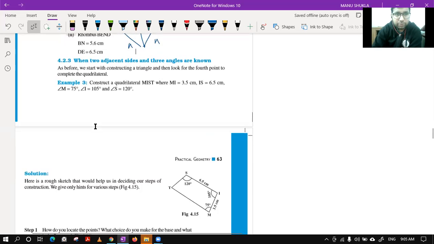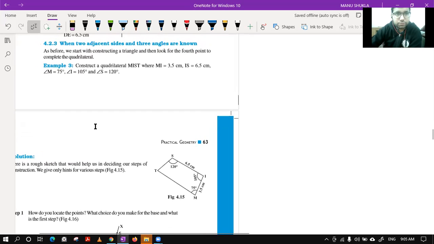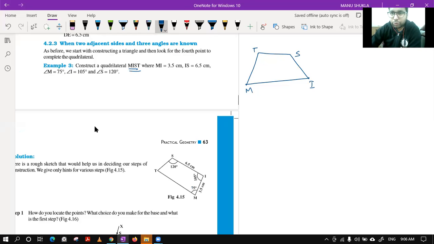Let's see one example. Construct a quadrilateral MIST. So again, you have a rough diagram like this: M, I, S, and T, where MI is 3.5 centimeter, IS is 6.5 centimeter. Angle M, sir, it is 10.5625.